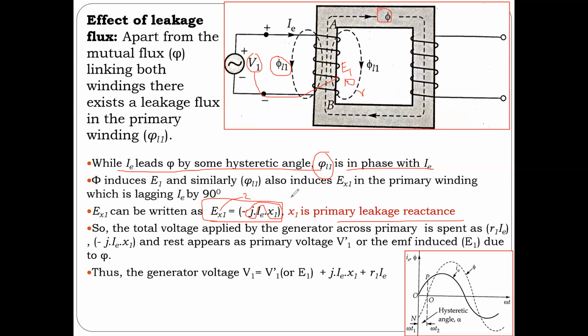Let's say that drop is also maybe 1. So how much should V be? It should be 10 plus 2 plus this 1, isn't it? And so the generator voltage should be something that appears at the coil, plus, to compensate for this voltage induced due to leakage flux, plus the drop across the primary.